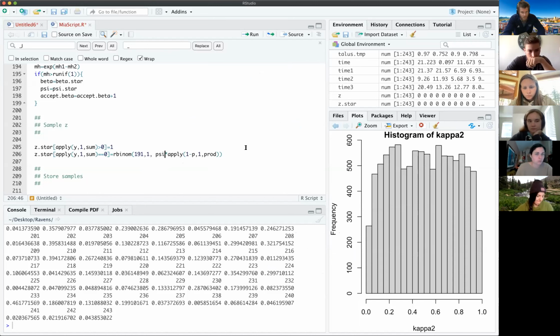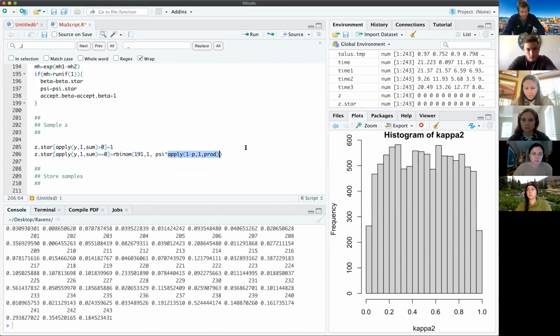All right, so this function will take the product of all of our p's for each site, or 1 minus our p's. And if p is large, 1 minus this product, 1 minus p, the product of that 3 times, is going to be very small. And the success probability is going to be very small. So then z's are going to be 0.